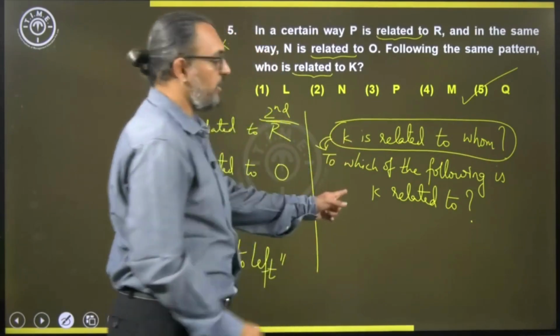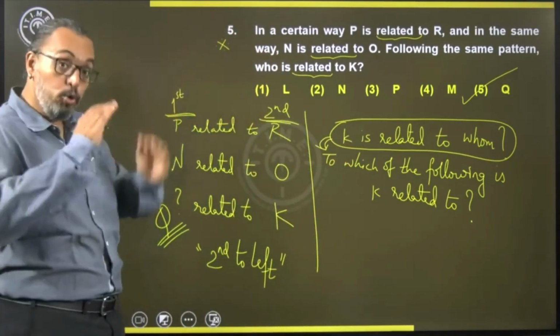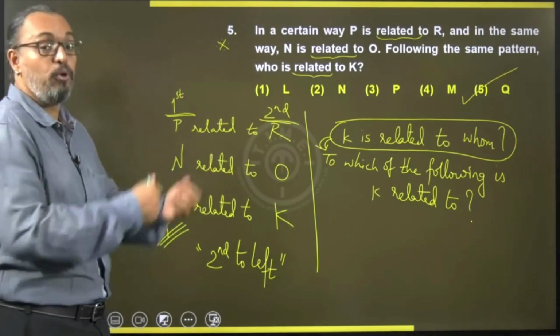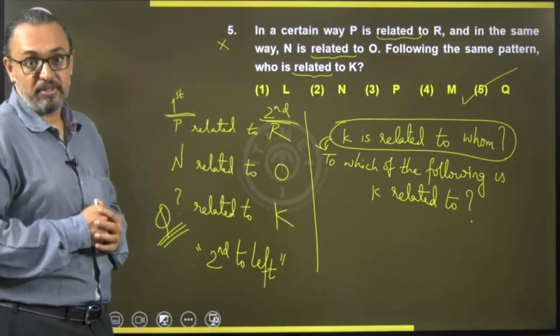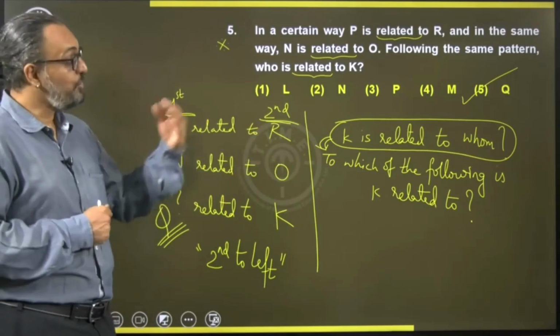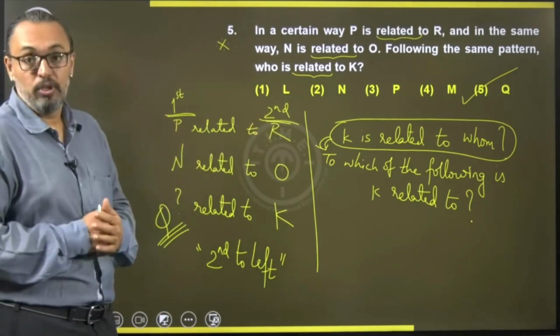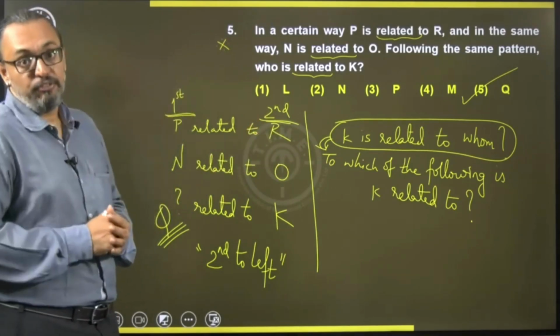So this is how he will ask. In our question, who is related to K? So before the word related, we need to know the person. But in this question, to which of the following is K related to, after the word related, we need to find it.